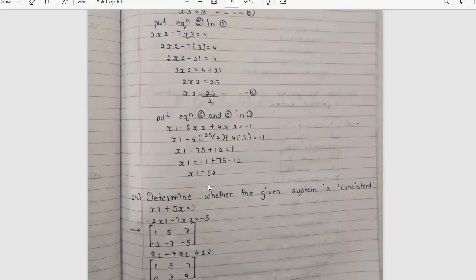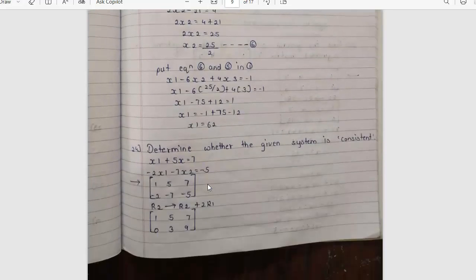Now we put x2 and x3 in equation 1 to get the value of x1. So x1 minus 6 into 25 divided by 2 plus 4 into 3 equal to minus 1. So 6 into 25 divided by 2 is 3 into 25, that is 75. So x1 minus 75 plus 12 equal to minus 1.